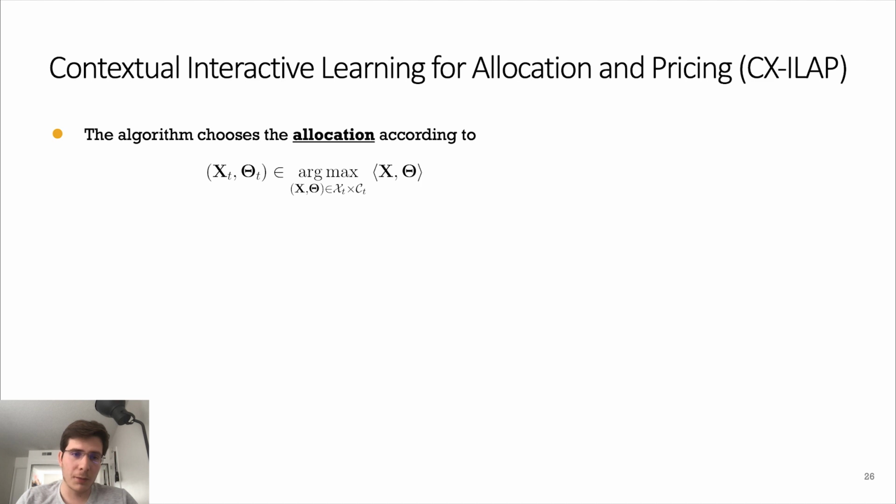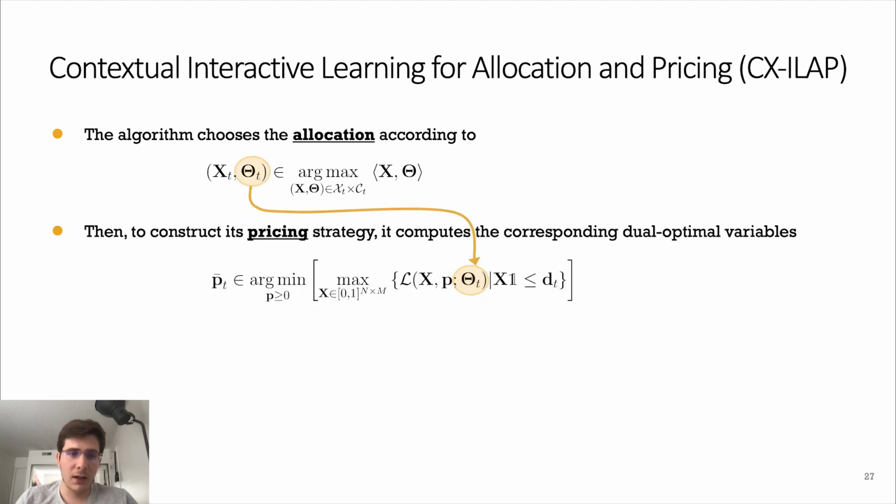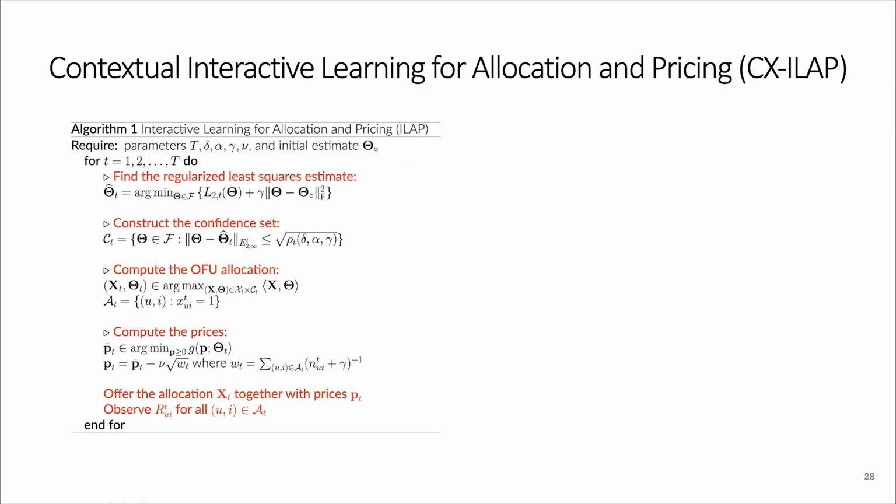Then, having obtained xt and theta t, it constructs its pricing strategy based on a value that we call p bar t, which is the optimum dual variable for the problem parameterized at the point theta t, where theta t is the parameter that is found by the OFU step in the previous line. This is the general structure of the algorithm.